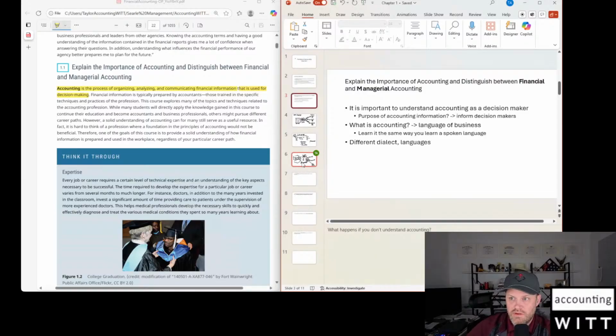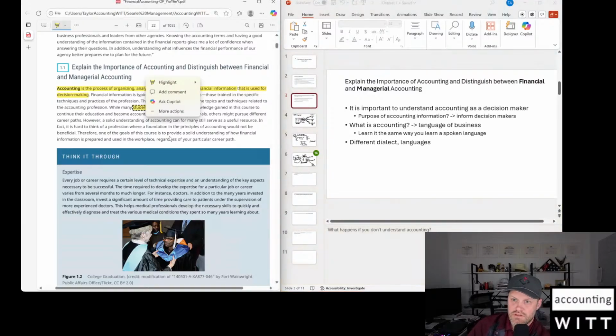Why is it important to be able to distinguish between these two different languages of accounting? All right, so students will take this course because they might want to be accountants or business professionals or other career paths.